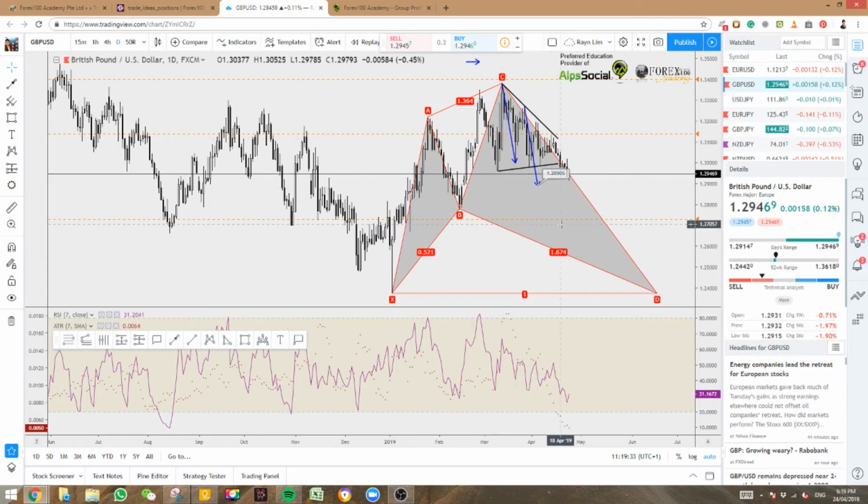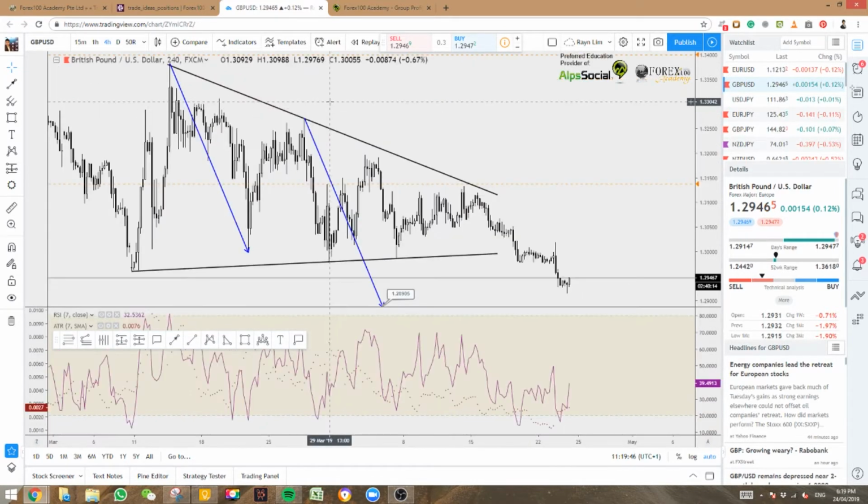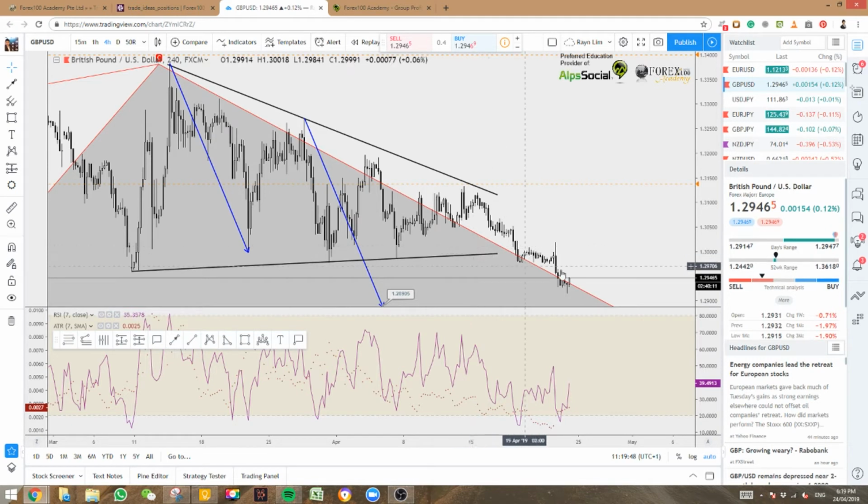For a shorting opportunity, extension, I'm looking at 1.2890, which is still about 50 pips to go. I'm not that interested to chase this market. However, if I head down to the 4 hour chart, I do know that right now I want to focus on a selling opportunity.